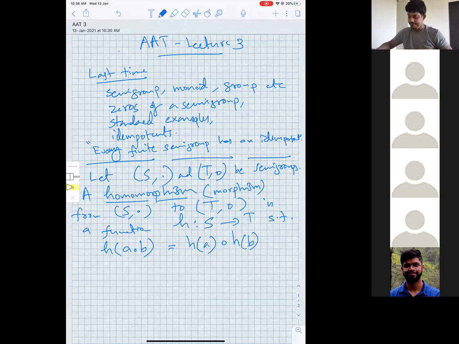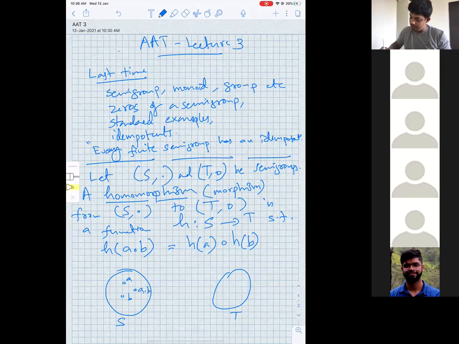What does this mean? So if I have, this is S and this is T. If I have two elements A and B here, and if I take their product, I'll get A dot B. This is their product.